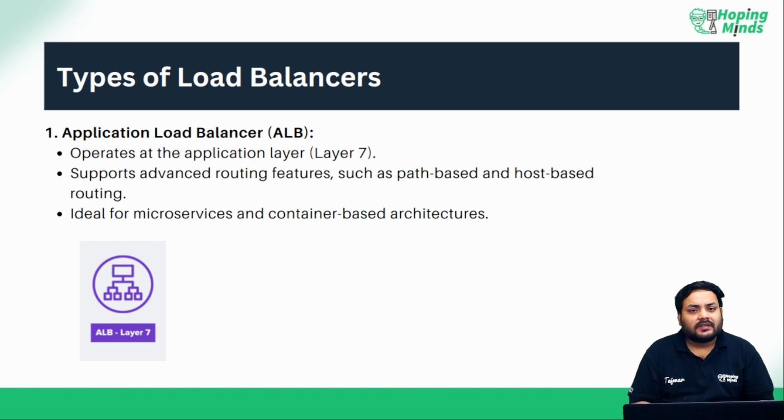The OSI model describes how data packets are delivered, or travel, from one point to another. It has seven different layers, and the application layer is the seventh layer. So the application load balancer operates on that seventh layer.